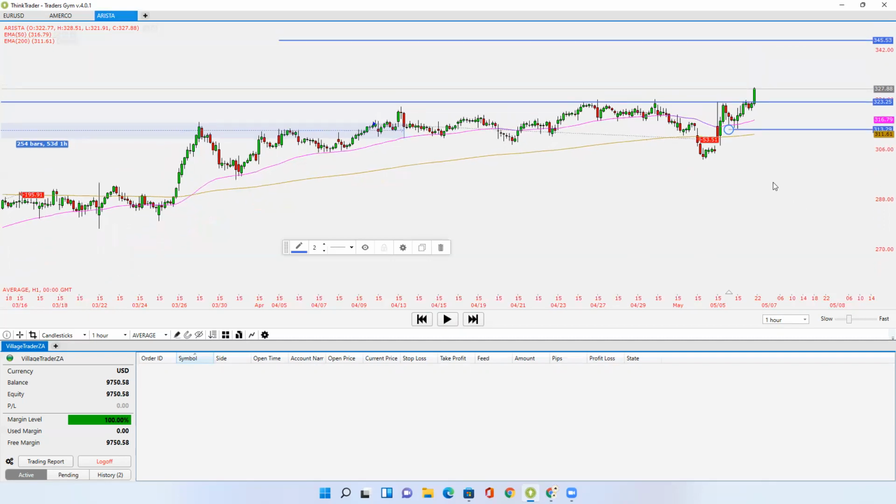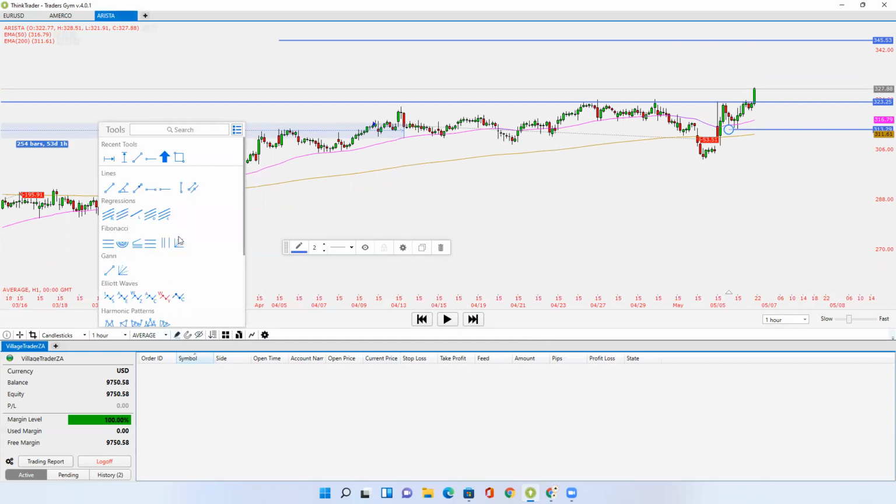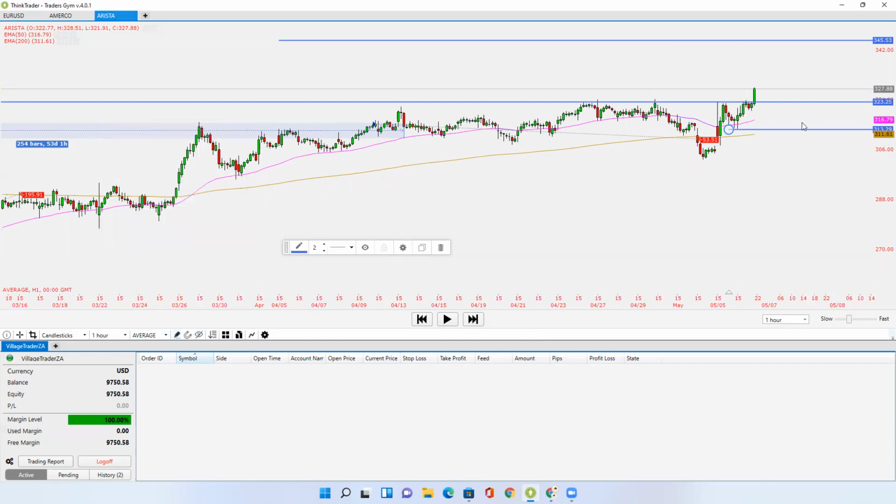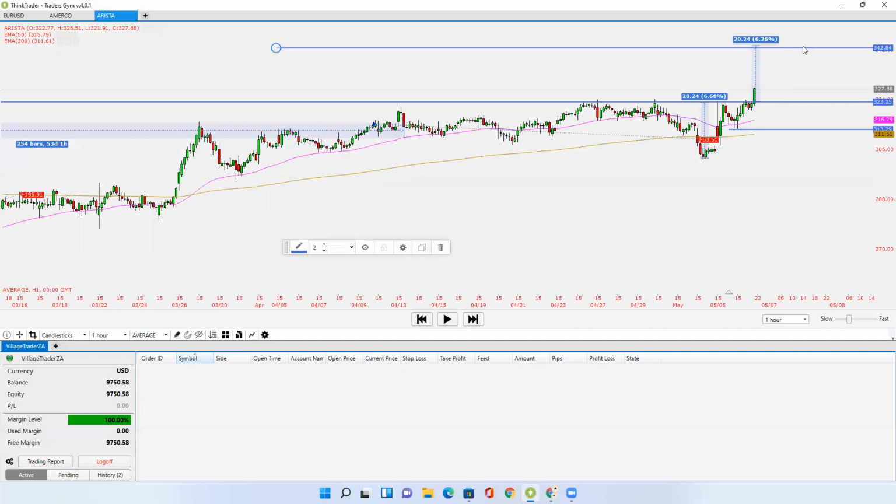And if you want to target, you can extend the height of the head from the breakout point, which roughly speaking is the same as the one we had before, right?